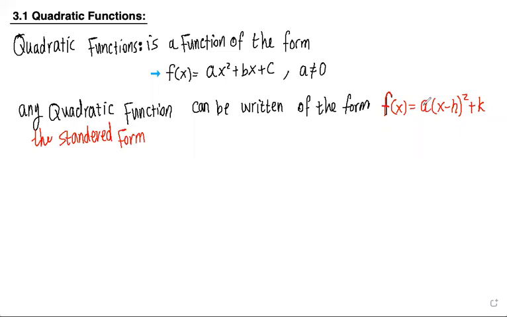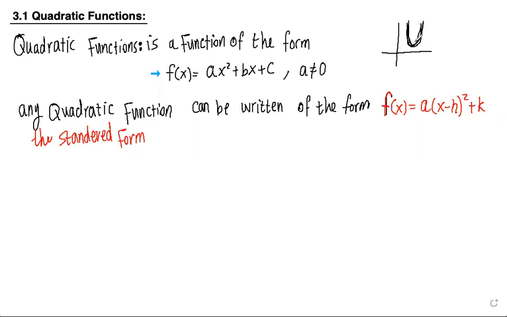By this form, I can graph any quadratic function. Why? Because I can find the vertex, and like I said last time, the quadratic function is a parabola. This parabola has a U shape like this. This is the graph of the quadratic function.